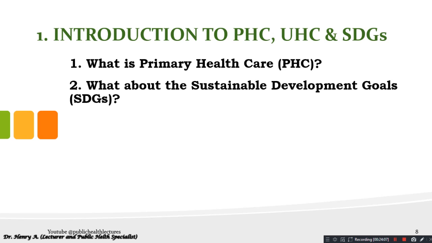Under the SDGs, now we are looking at the 13 targets under the SDG 3. Like I said, the SDG 3 was broken into 13 targets and 28 indicators. So I took just a few key ones that I feel are very, very key that you must understand under this topic. So the first one is maternal and child death.